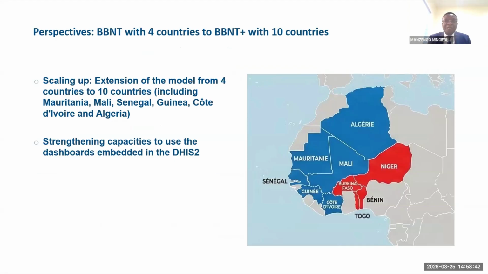Also, we should strengthen the capacity to use the dashboard embedded in the DHIS2, because until now we are just extracting data, but we should strengthen the capacity of our M&E staff to be able not only to see data but also to explore the dashboard to get all these graphs I showed earlier. Thank you for your attention. I'm available to respond if we have some questions. Thank you.